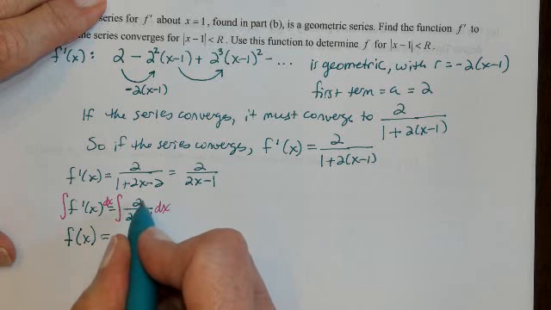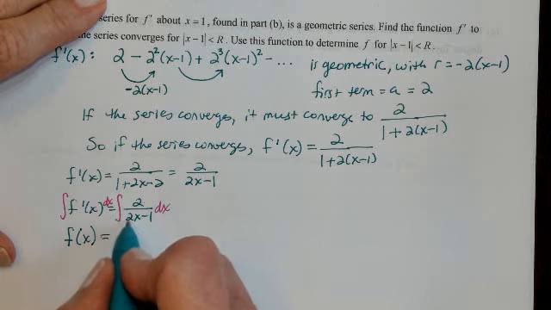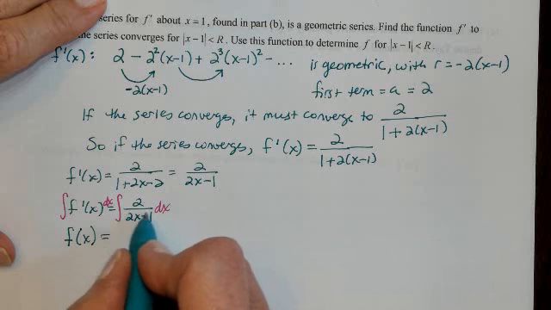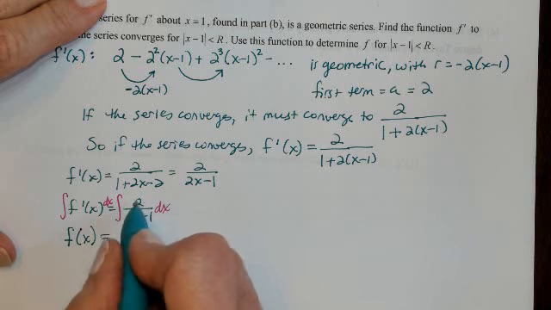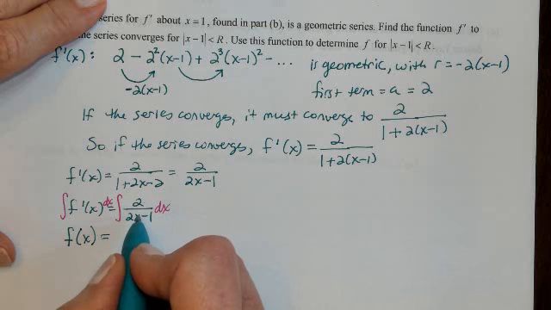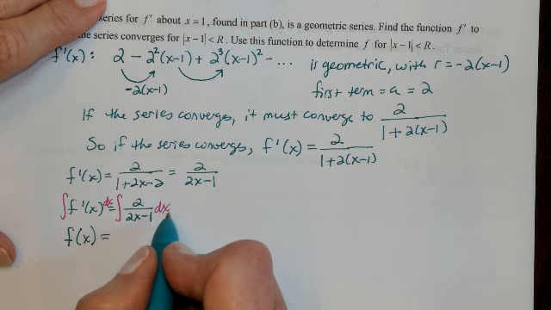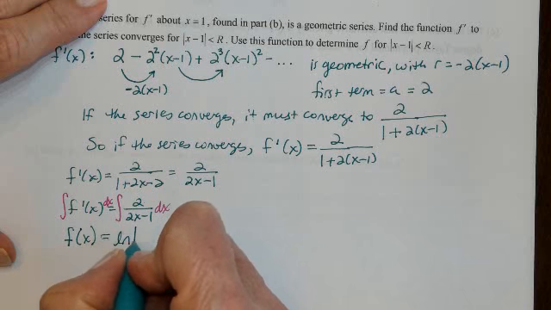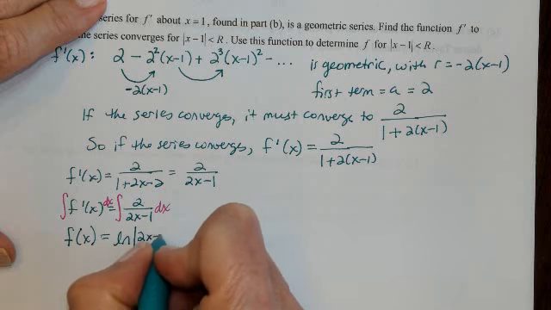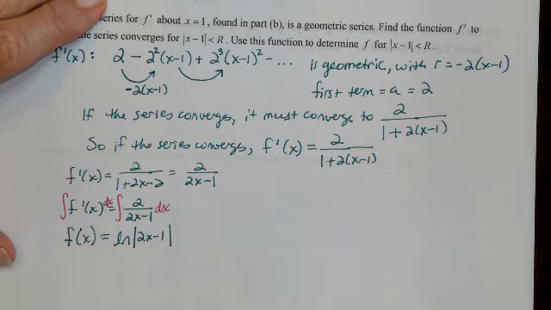And the 2 can come out, right? Actually, we can do a little u sub here, right? If u is 2x minus 1, then du is 2 dx, which is right there. So this is exactly 1 over u du. So this is just the natural log of the absolute value of 2x minus 1. That's what it is, plus c.